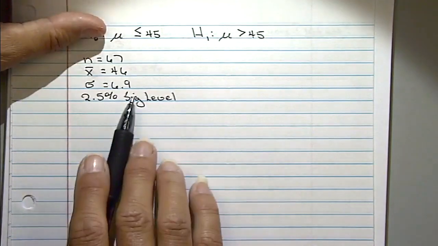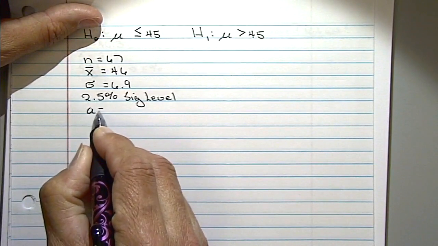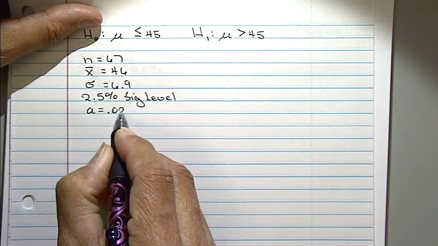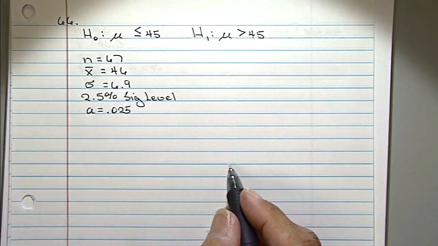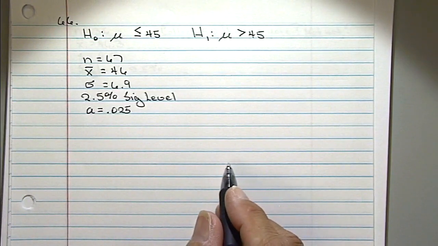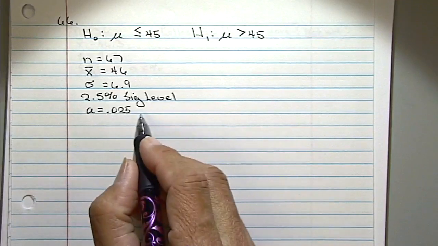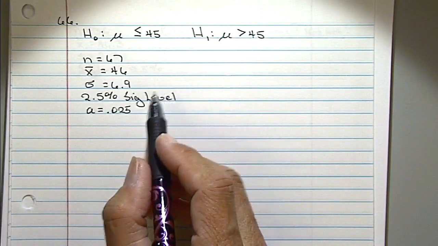But when they give you this significance level in hypothesis testing, they're really giving you alpha. Okay? They gave me alpha. And it's also the chance of making a type 1 error. Alpha is the chance of making a type 1 error. So I've got a 2.5% chance of making a type 1 error. That's what I'm holding it to.